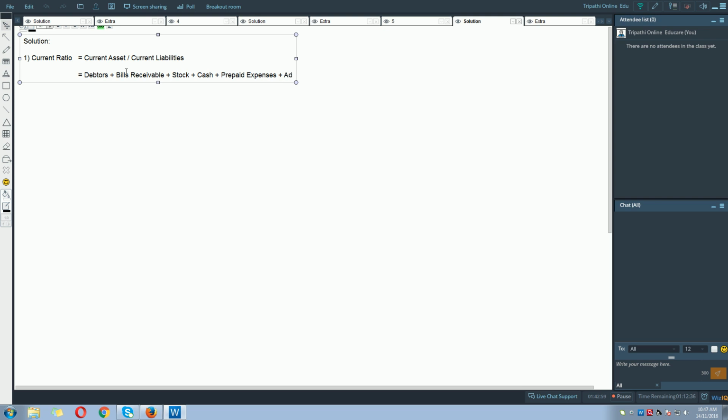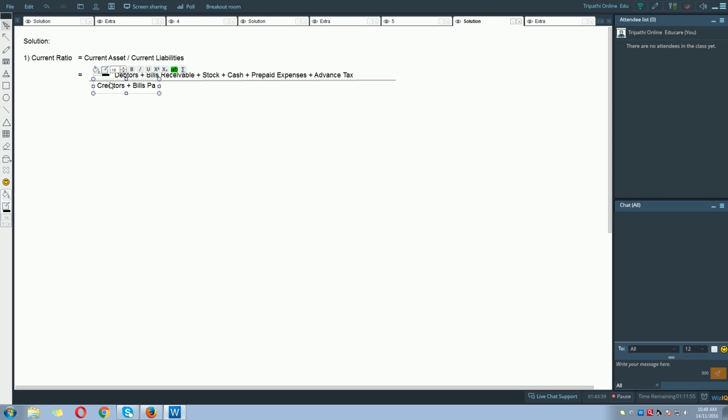Solution. First we are going to calculate current ratio. The formula for current ratio is current assets upon current liabilities. So let's see what all things can we take in current asset.